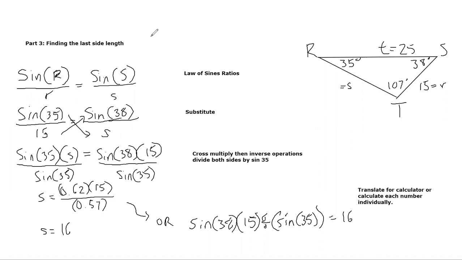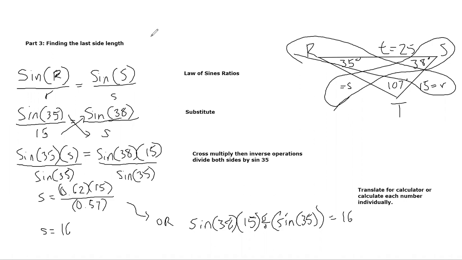Now we're in part 3 because we need to figure out the last part, which is S. Again, we're going to do the exact same thing, but this time, we're still going to use this as the completed ratio, even though the T is technically completed. I could use T if I wanted to. I'm not going to. I'm going to use R and S, and I'm going to compare those two.